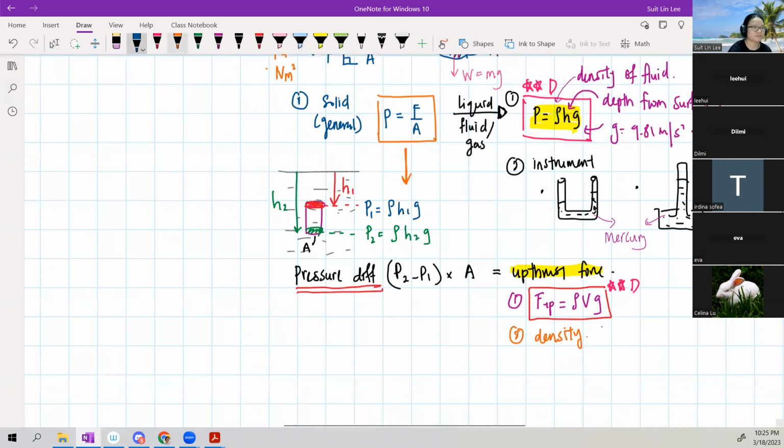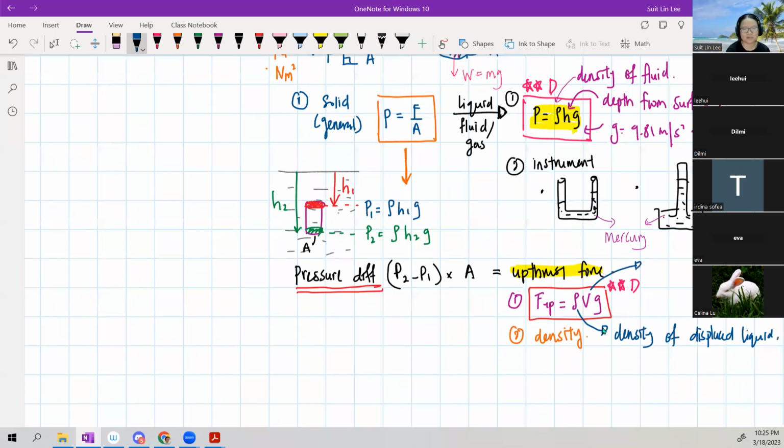Use this equation, right? This density is due to the liquid displaced. So it's density of displaced liquid, the one that you are submerged in, okay?